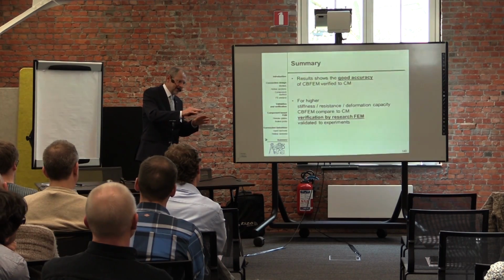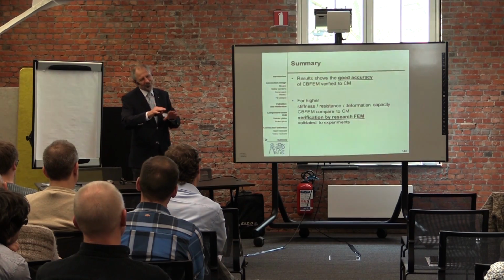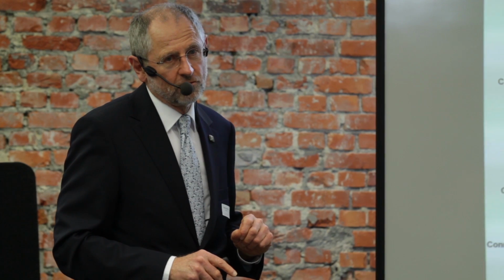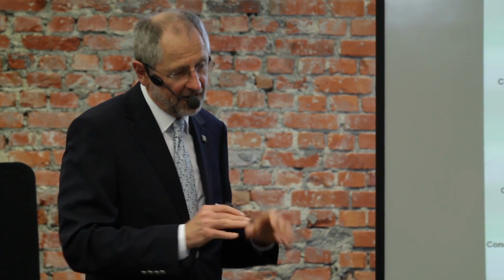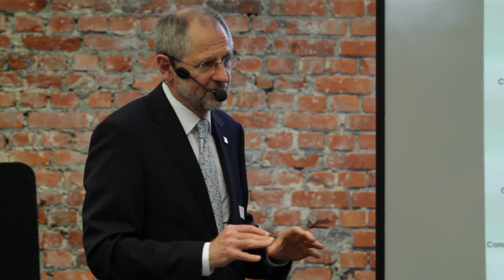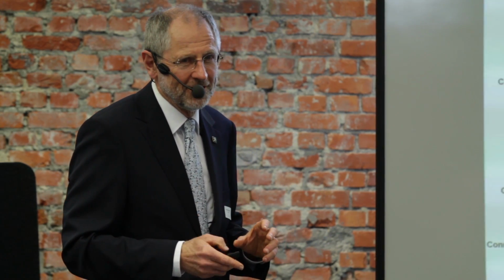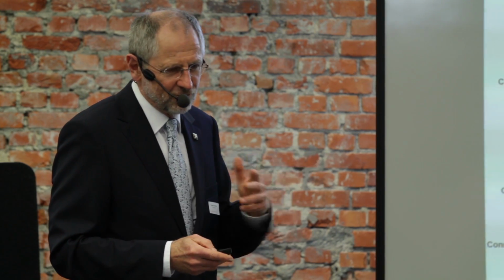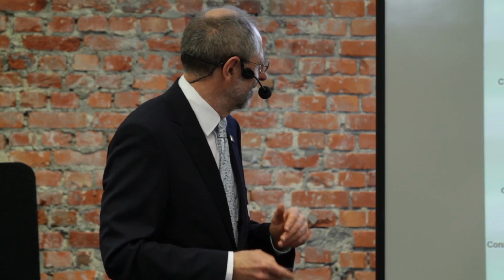If not, we go to the research model and to experiments, and we try to find the reason why our results are higher. If they are lower, we are happy. We don't need to search for it. We are happy that good engineering practice is fulfilled.